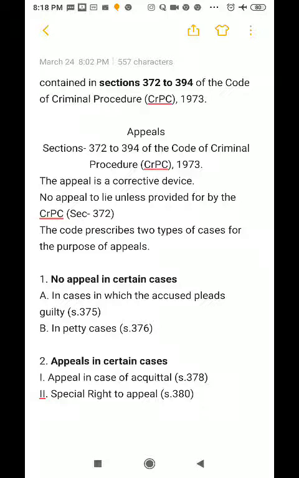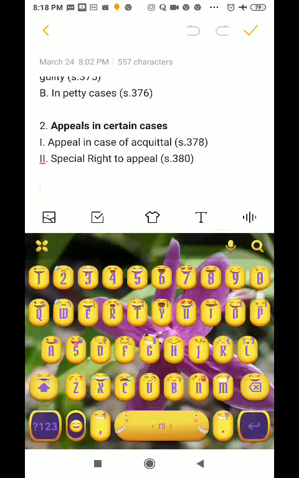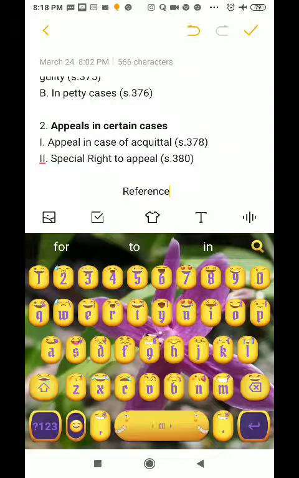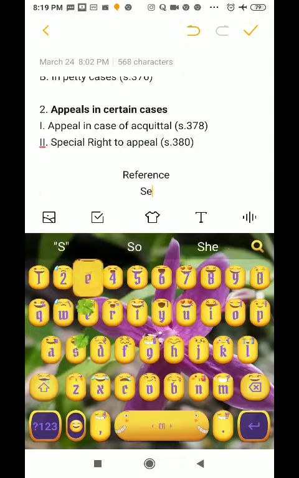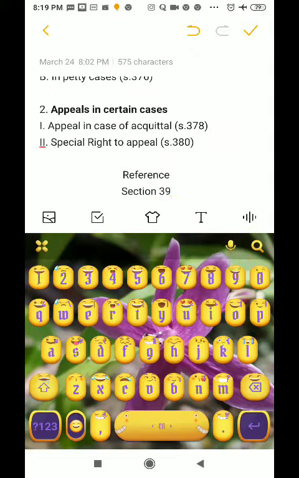The next topic we will focus on is reference. So what is reference? Reference is explained under chapter 30 of the Code of CRPC, and sections 395 and 396 deal with the reference.